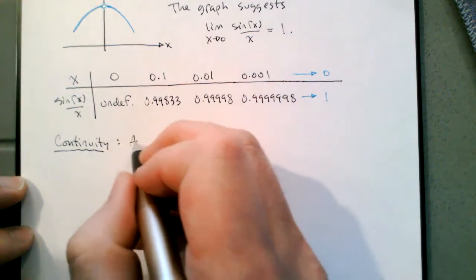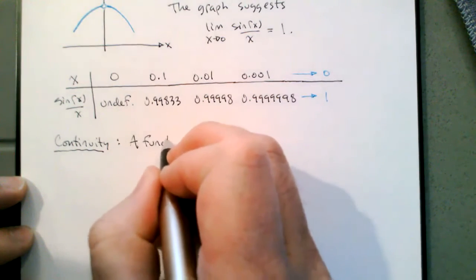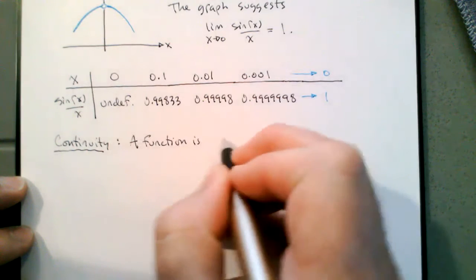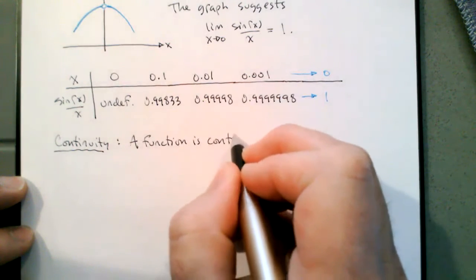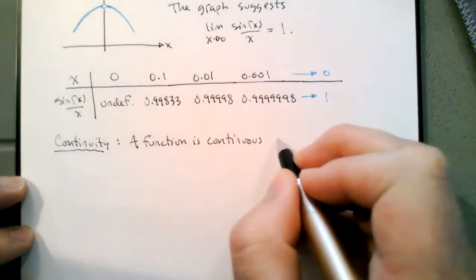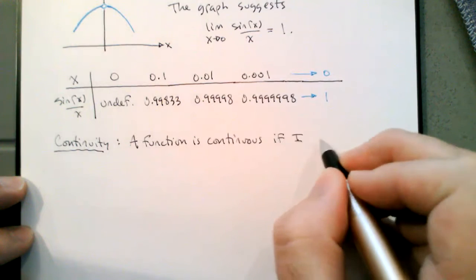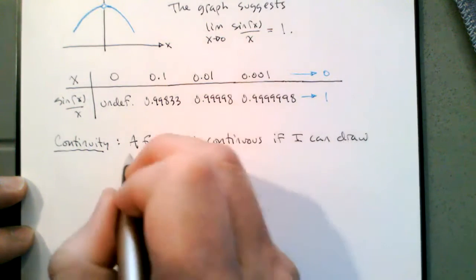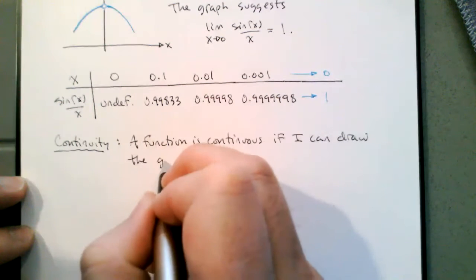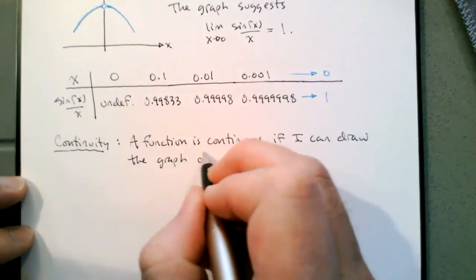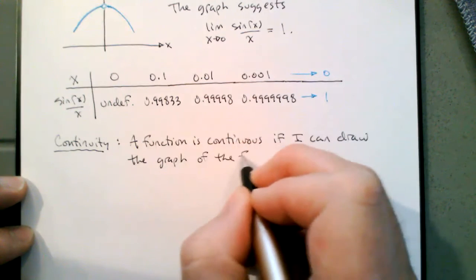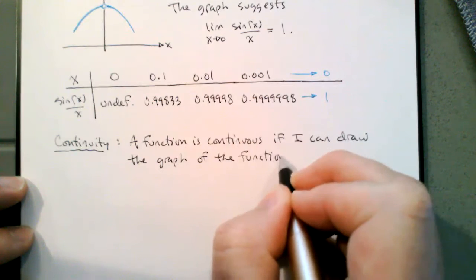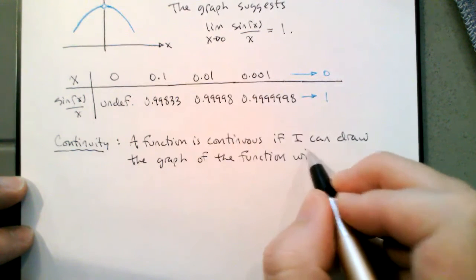A function is continuous if I can draw the graph of the function without lifting my pen from the paper.